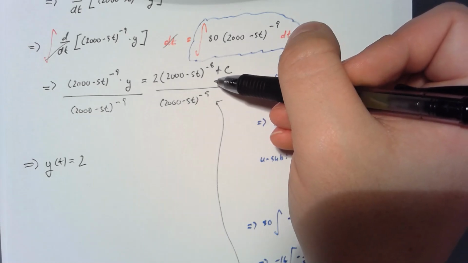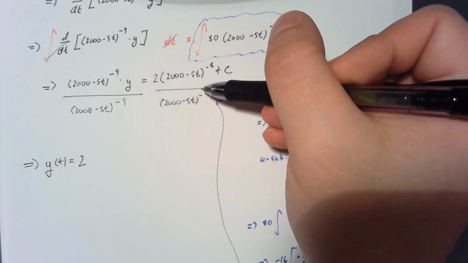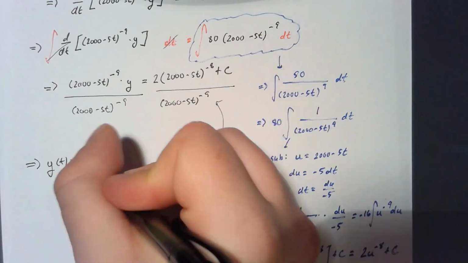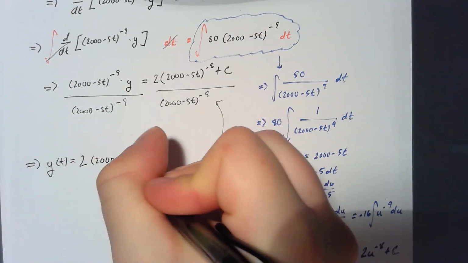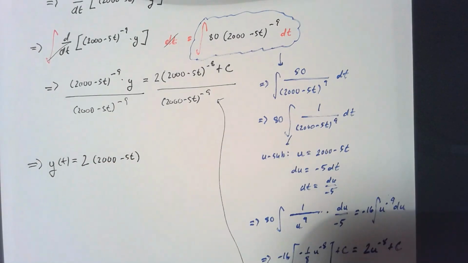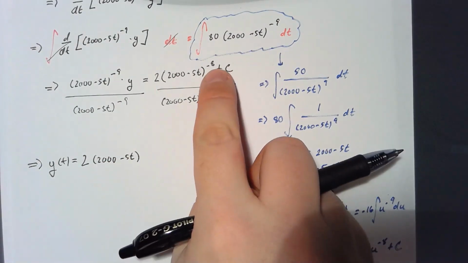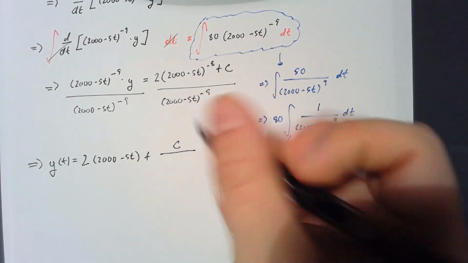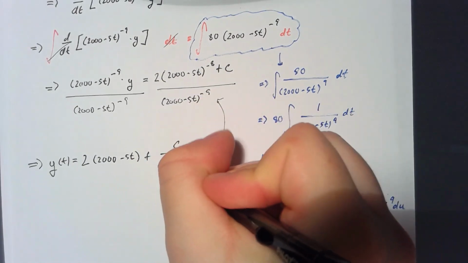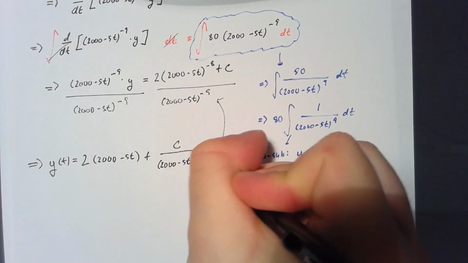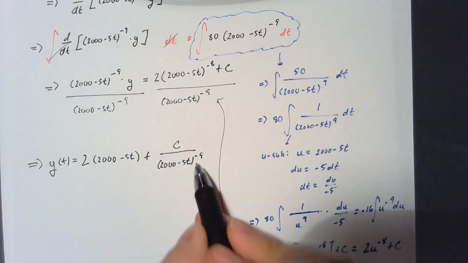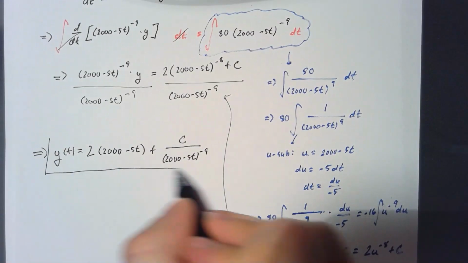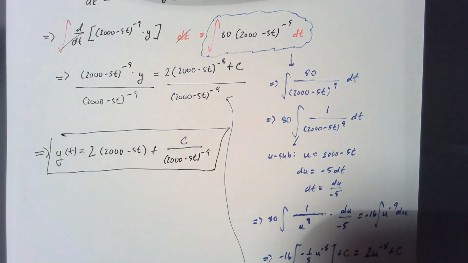So this will be just 2 times one of these things to the positive first power. That's this piece right here, but then I have a plus c over this term, that's to the negative 9th power. So this right here is the general solution to this differential equation.